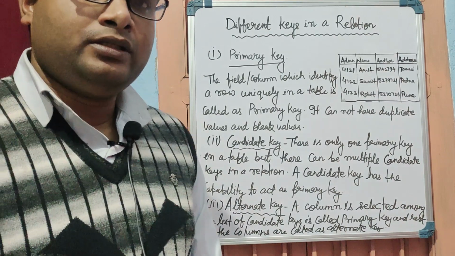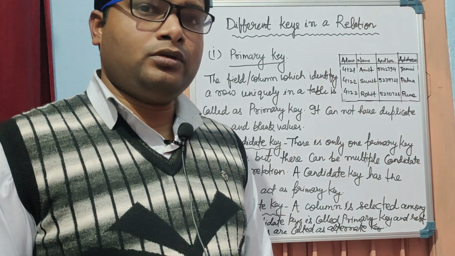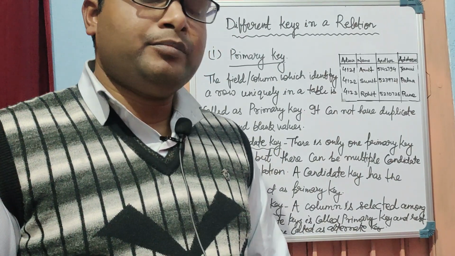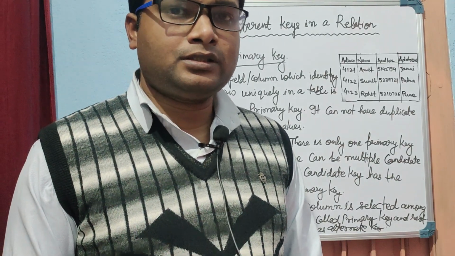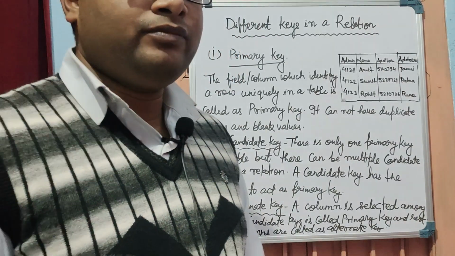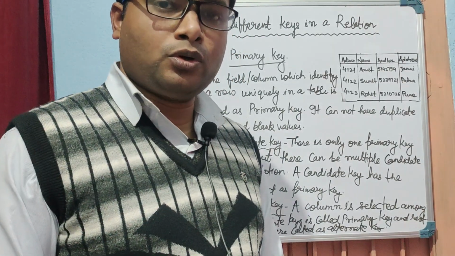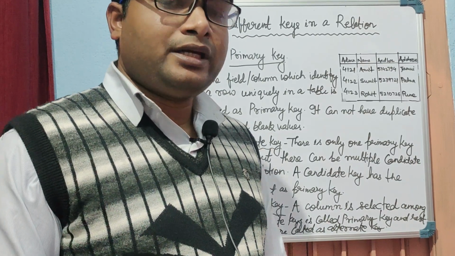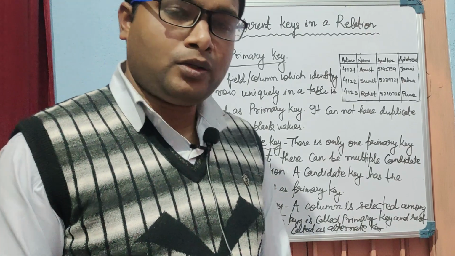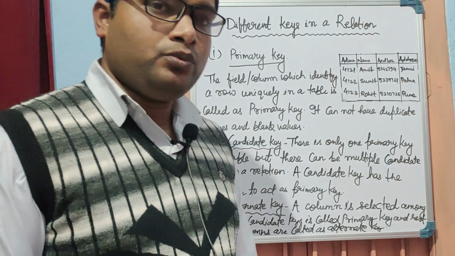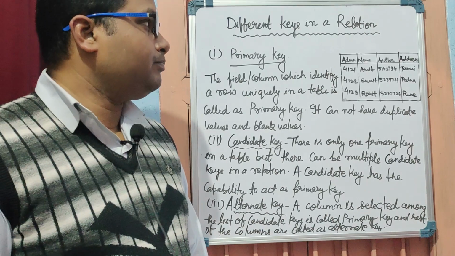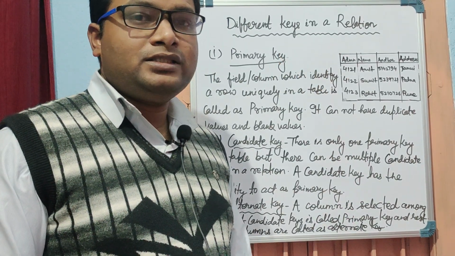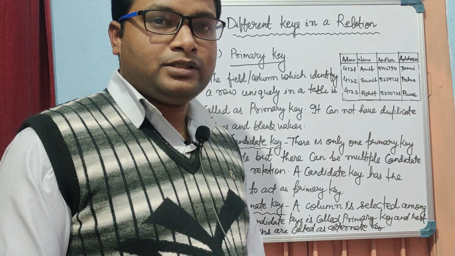In the previous class, we have studied about database, DBMS, RDBMS, and the concepts of RDBMS such as row, column, degree, cardinality, tables, etc. Now, in this class, we are going to study about the different keys used in a relational database management system.